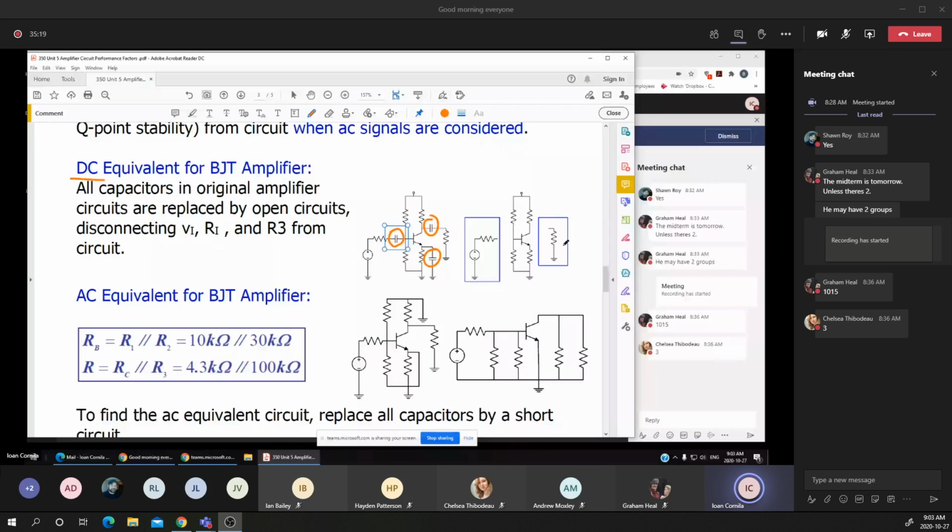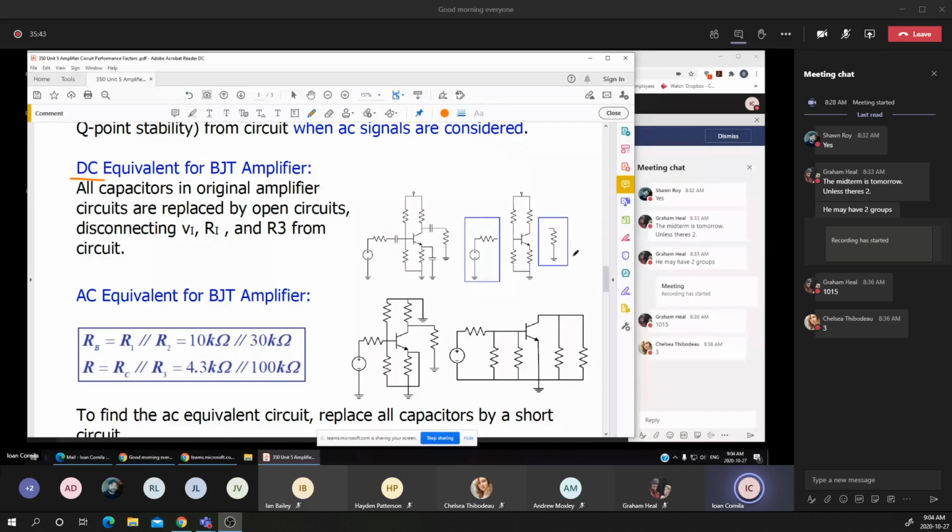If you remember, I made you measure the voltage across RL in DC, and you noticed that the voltage VRL in DC was 0 due to the capacitor connected between the collector and the load resistance.